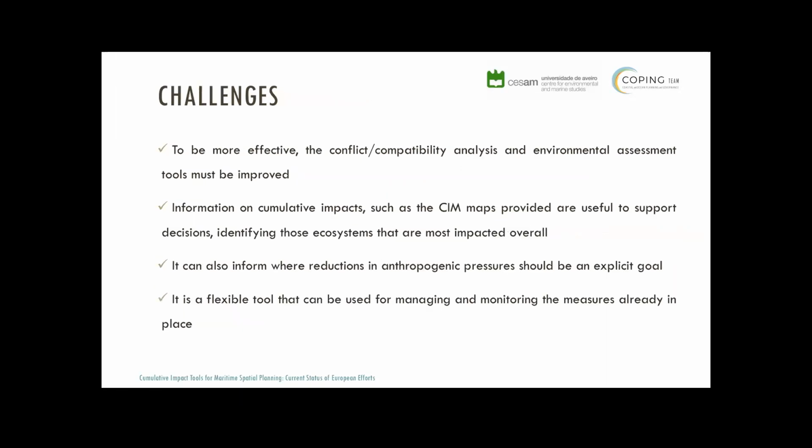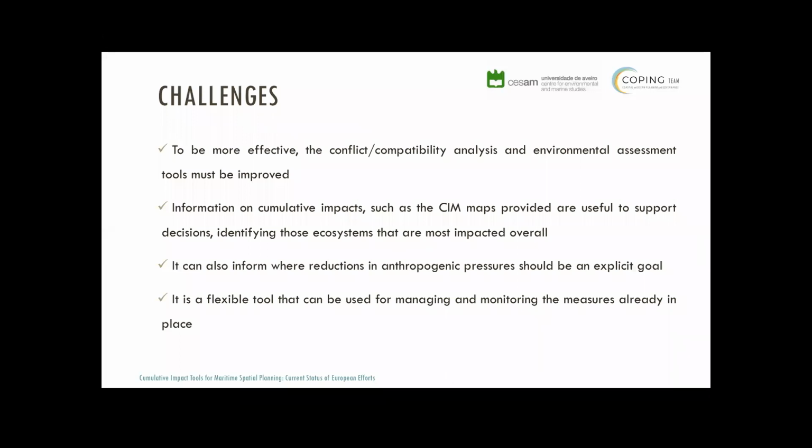The challenges that we face right now regarding these tools is that to be more effective, it's needed to analyze the conflicts and compatibilities and also environmental assessment tools and where they should be improved.